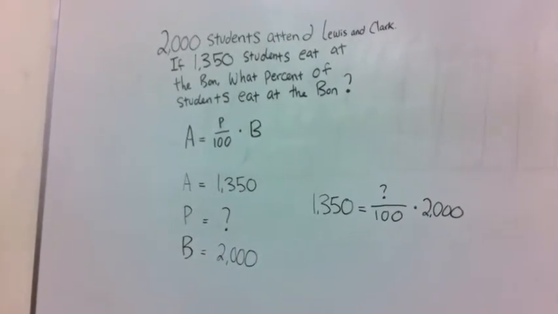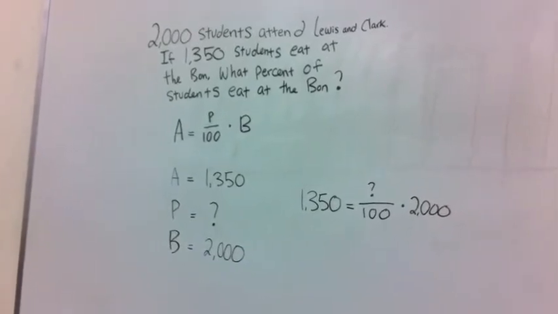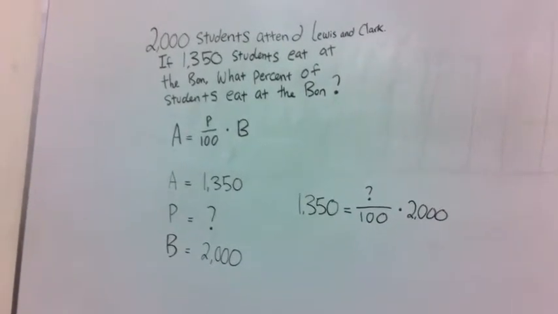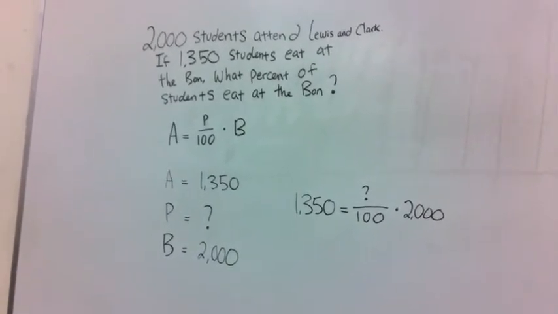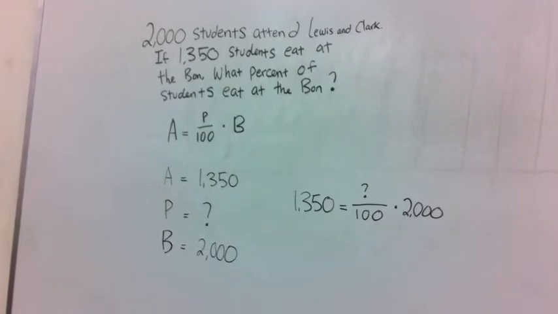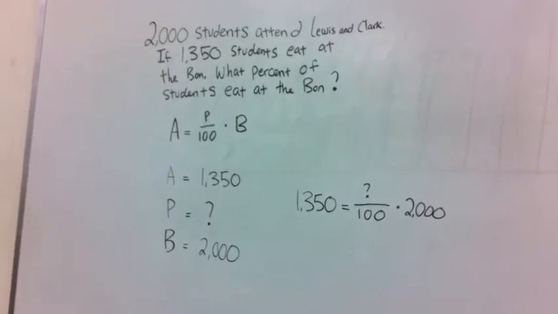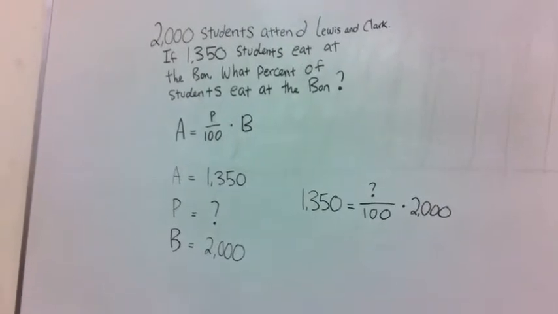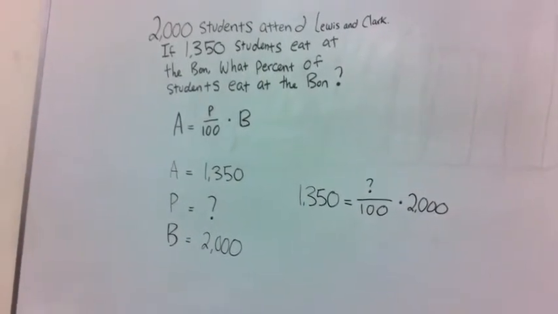Here's a percent problem we can use to solve the formula A equals P over 100 times B. So first we need to determine what A, P, and B is. 2,000 students attend Lewis and Clark. If 1,350 students eat at the bone, what percent of students eat at the bone?